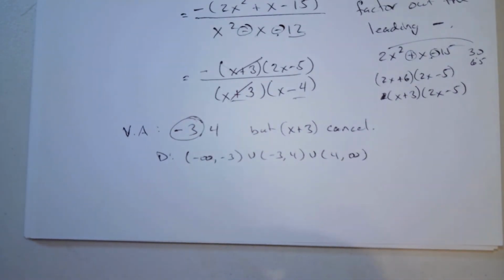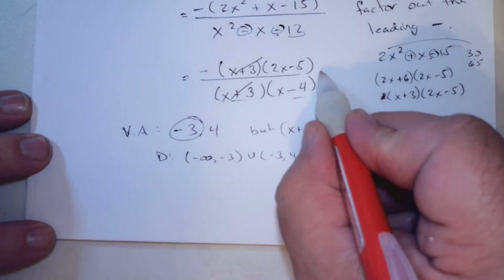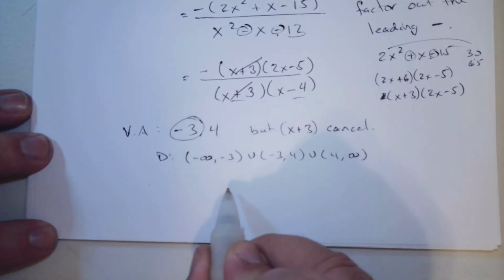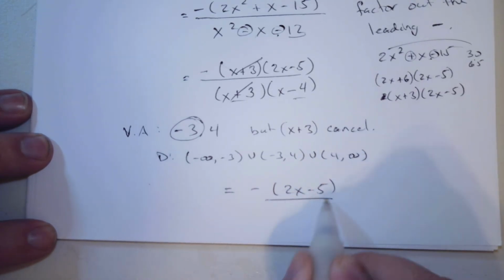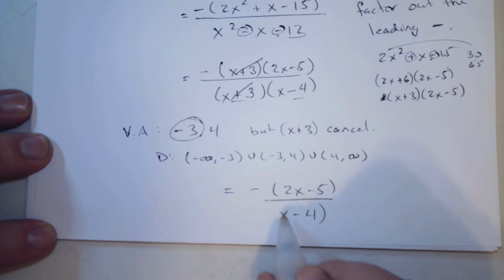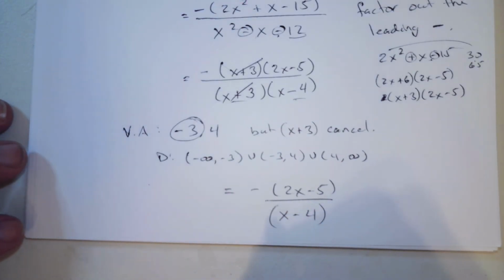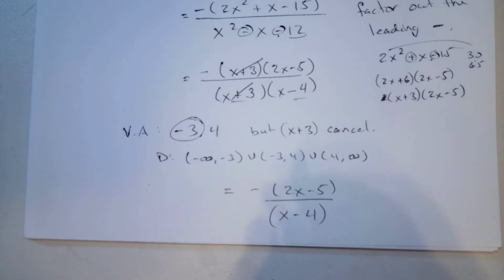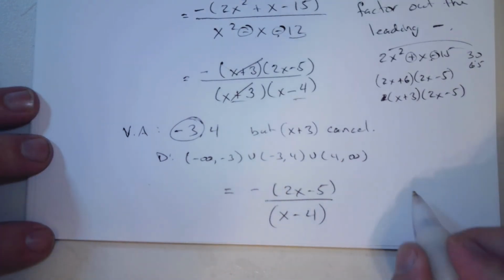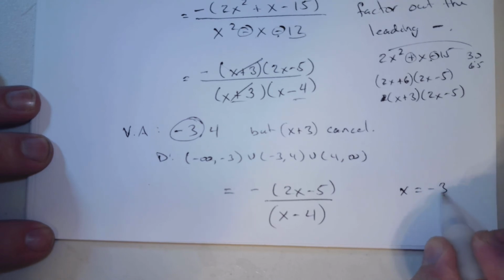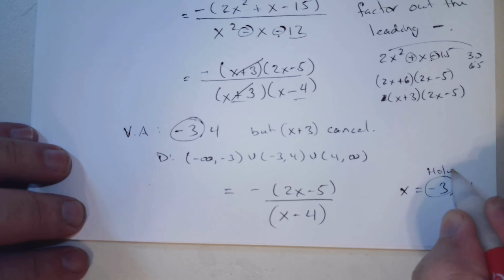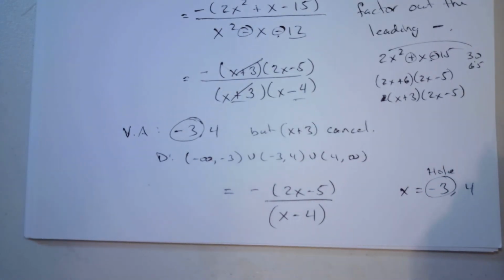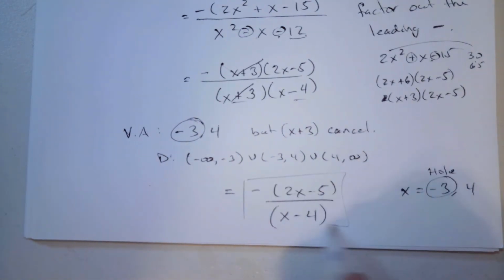Alright. But now that we simplified that, we now have negative 2x minus 5 over x minus 4. And our asymptotes are still negative 3 and 4, but that's going to be a hole. So this is the function we have to graph.